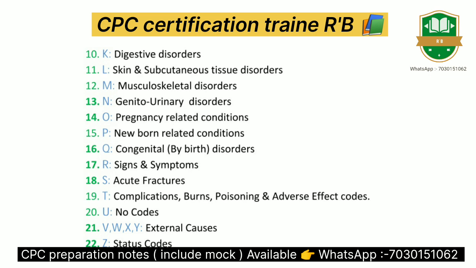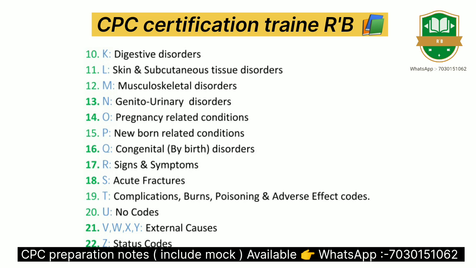Then next, diseases of the skin and subcutaneous tissue, L00 to L99. Diseases of the musculoskeletal system and connective tissue, M00 to M99. Diseases of the genitourinary system, N00 to N99. Diseases of pregnancy and related conditions, O00 to O9A.